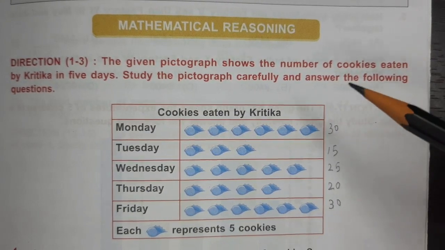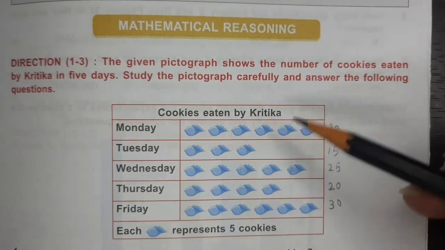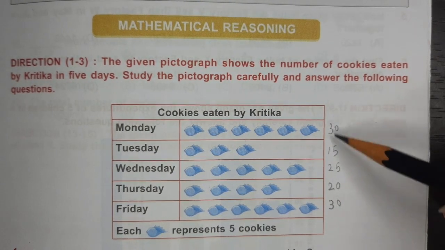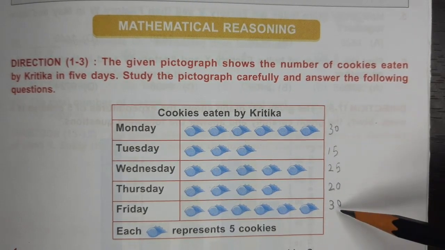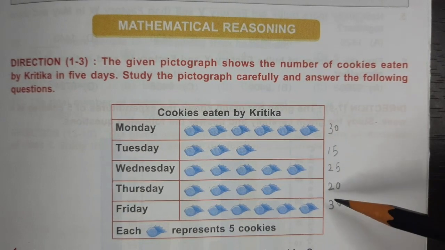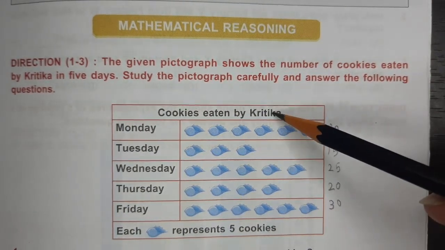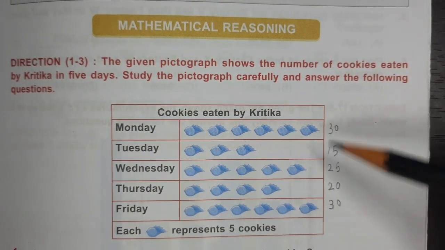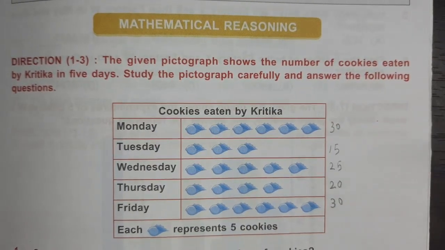So the first thing which I do in these kind of questions is I resolve them. I take out the numbers. So what are these numbers? These are the number of cookies eaten by Kritika on these days. That is what this particular pictograph says.